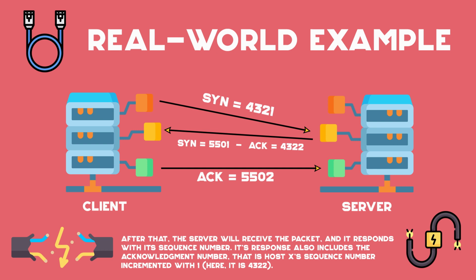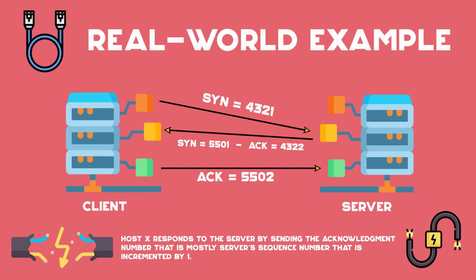Its response also includes the acknowledgement number, which is host X's sequence number incremented by 1. So if the number was 4321, it will increment it by 1 to make it 4322 and send it back. Then the host responds to the server with an acknowledgement number, which is the server's sequence number incremented by 1.